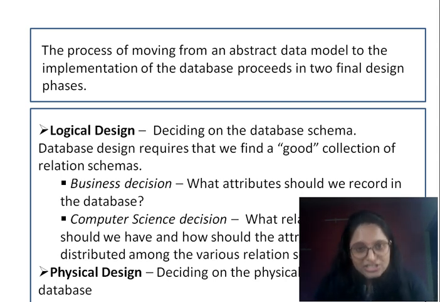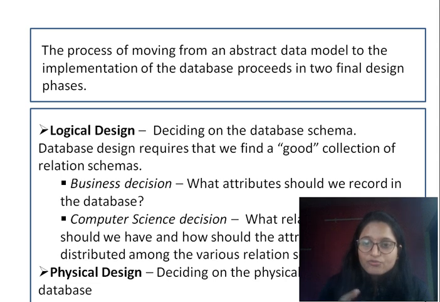Okay, so logical design depends on finding a good collection of relational schemas. First, you draw an entity relationship diagram. That means you find out which type of design you need for your database. You find out the entities, and the relations between the data and tables; all of this comes under the entity relationship diagram.